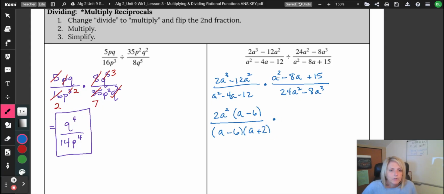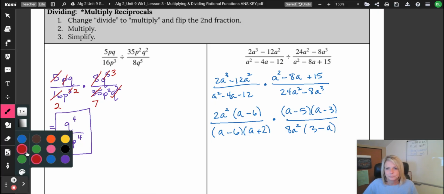Okay, and then on the next one, I'm going to factor these as well. This is going to be minus 5 and minus 3. And then in the denominator, I'm going to factor out an 8a squared, and that will leave me with 3 minus a.